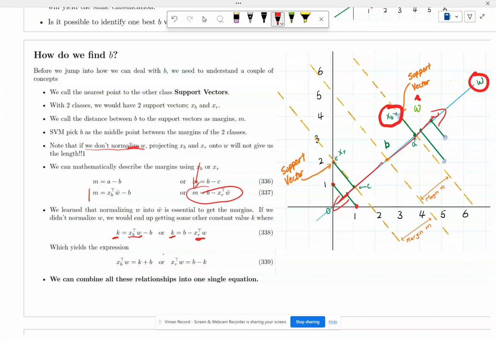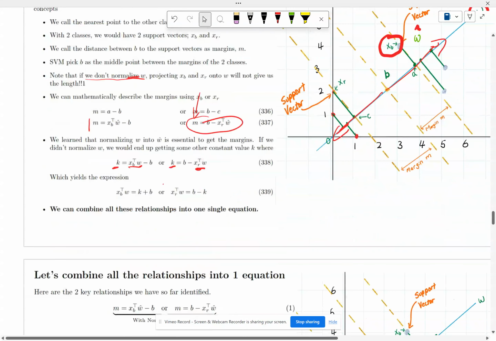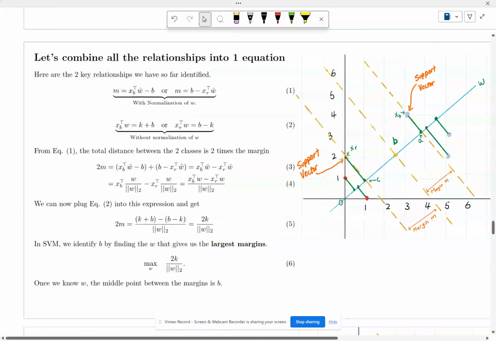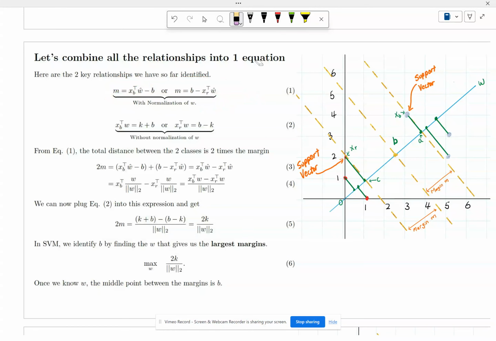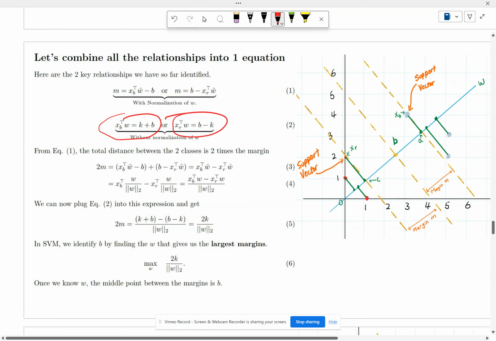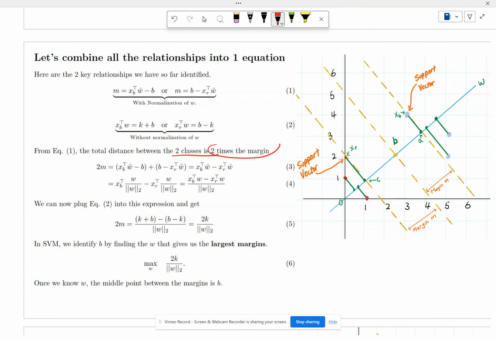We can combine all these relationships into one equation. So this is what we just came up with. If we had normalized it, it would have given us m. But if we did not normalize it, that was essentially the result we got instead. The total distance between the two classes is 2 times the margin.